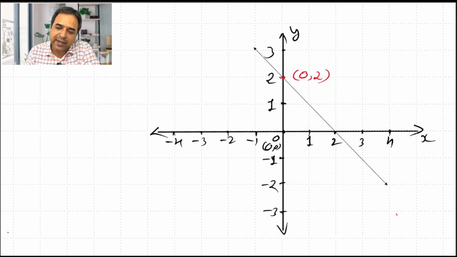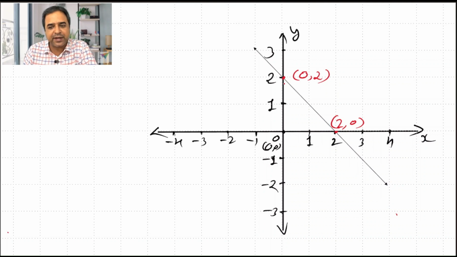Again, I am repeating, any point on the y-axis has x coordinate 0, and a point on the x-axis has y coordinate 0. So here this is (2, 0). So this line has been given to us.